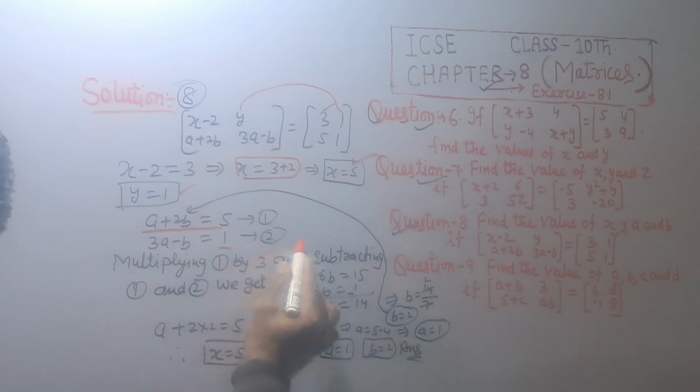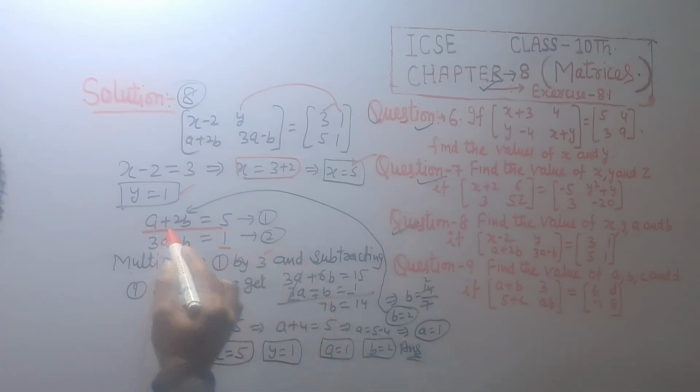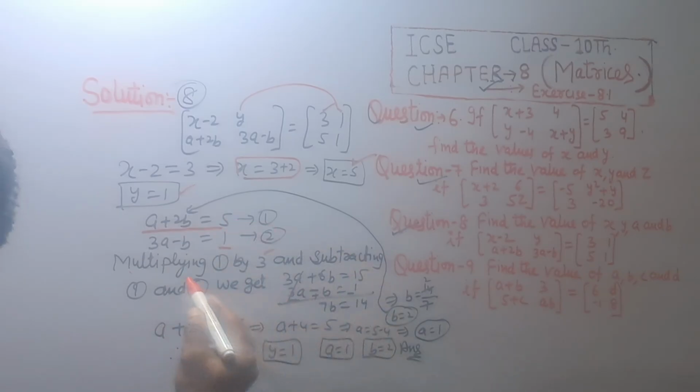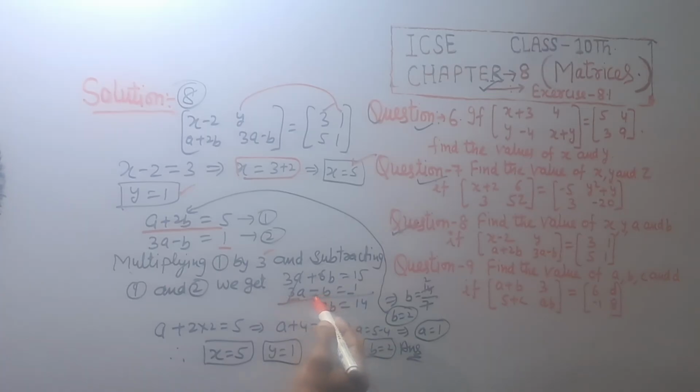Multiplying equation first by 3 and subtracting first and second, we get 3 into a 3a, 3 2s are 6b, 3 5s are 15, and second is 3a minus b equal to 1. Sign change, this will be negative, positive, negative. 3a is cancelled, 6b plus b is 7b, that is equal to 15 minus 1 is 14.